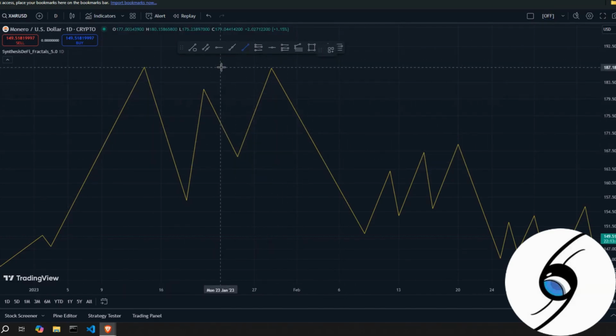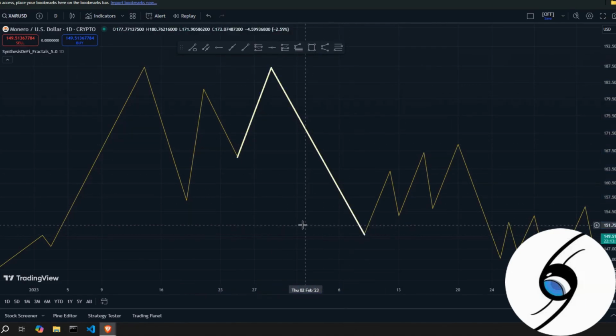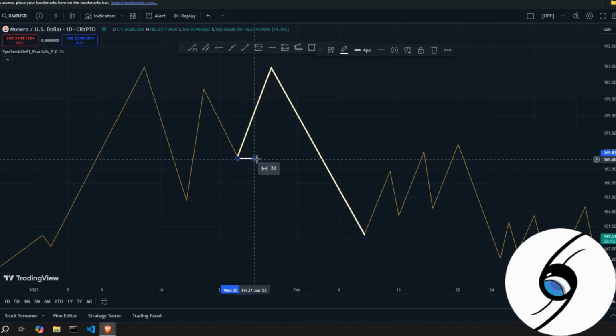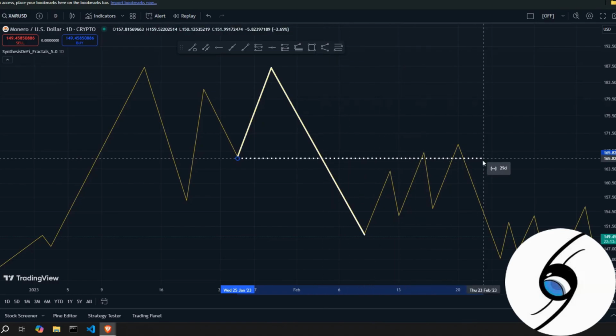So let's look at this clear pattern here of a top and a bottom. You notice that at the moment you have this breakout, you could tell that this bottom was violated, right? And probably it will be retested afterwards.